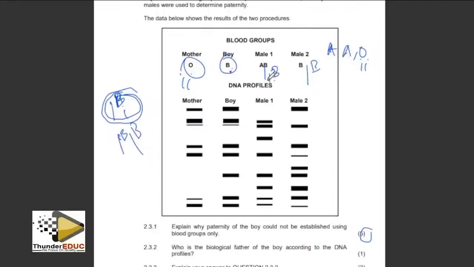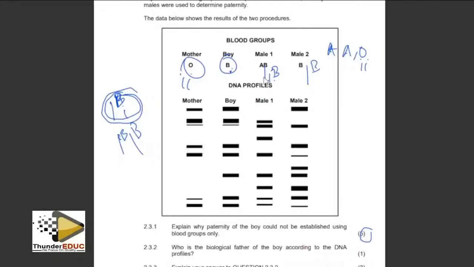Because you are blood group B, you can't say that this is my child because this child of mine is blood group B. There are so many people who have the same type of blood group, and the possibilities are many. I hope you understand me better.